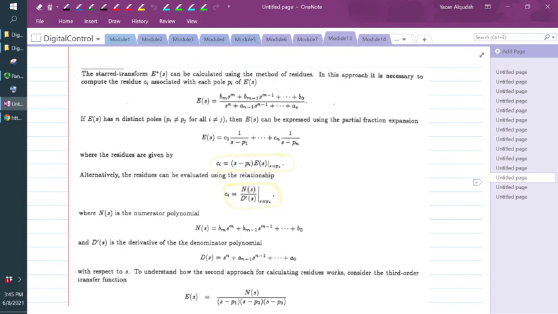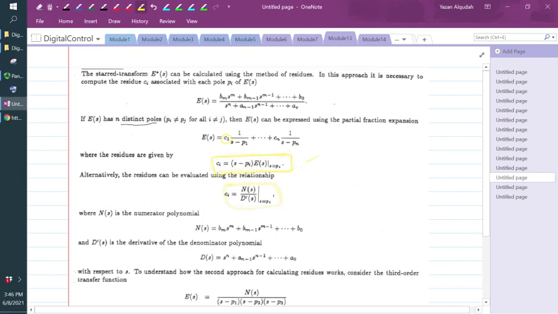And what this example says is, if I have any function E of s and I want to do a partial fraction expansion, and I have distinct poles, I can calculate this C1 or Ci by multiplying by s minus pi and evaluating this when s is equal to pi. This is how we calculate the residues when we do partial fraction expansion. This is what we know.